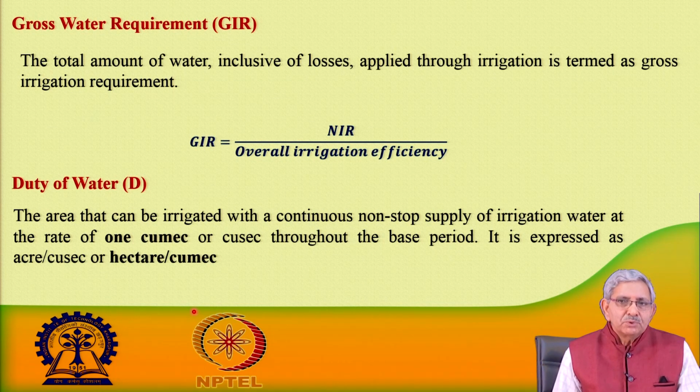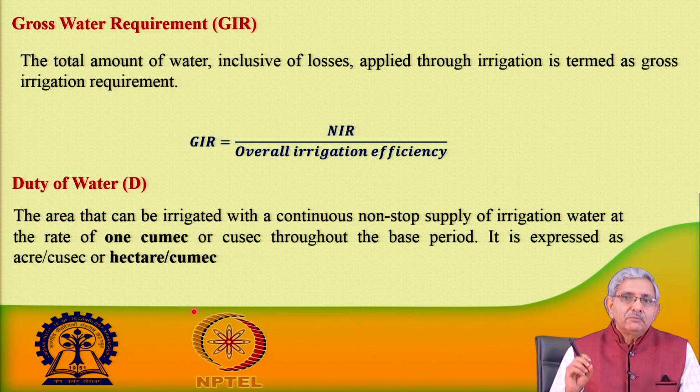Now, with reference to surface irrigation, as well as when we want to supply water in command area by using canal irrigation water, there are certain terminologies which are important from irrigation point of view. So, duty is one of the terms which is commonly used, and duty defines the rate of flow per unit area.